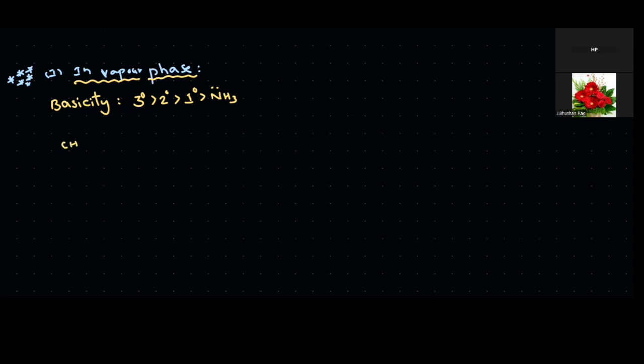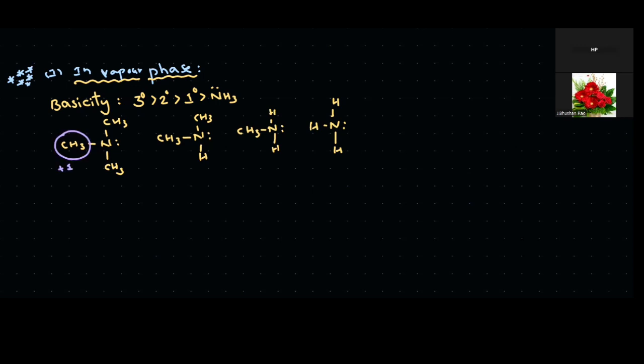So in vapor phase, what happens here? We have four compounds: CH3 bond CH3 with a lone pair, CH3 and H, CH3 and H, and H with a lone pair. Generally, here is one plus I group, this is also plus I. How many plus I groups here?